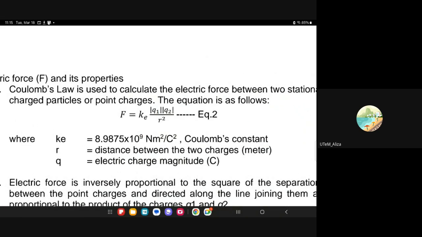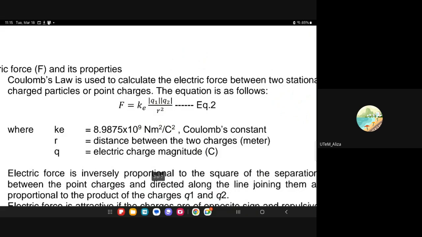There are also calculations that simplify this K, 8.9875, to the nearest decimal value, that is 9.0 times 10 to the power of 9. Or some even use 8.99 times 10 to the power of 9.